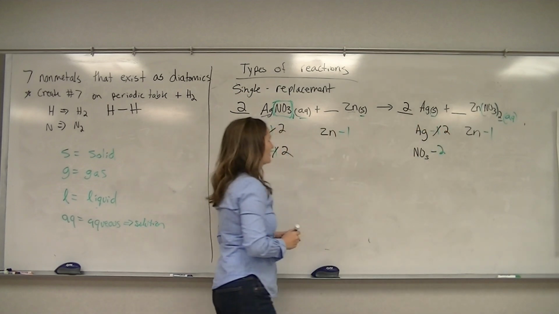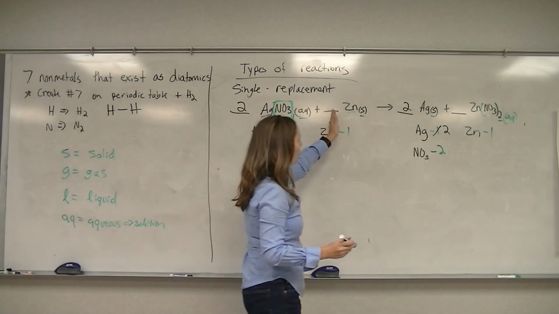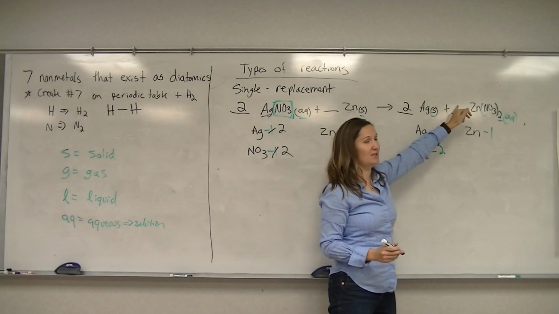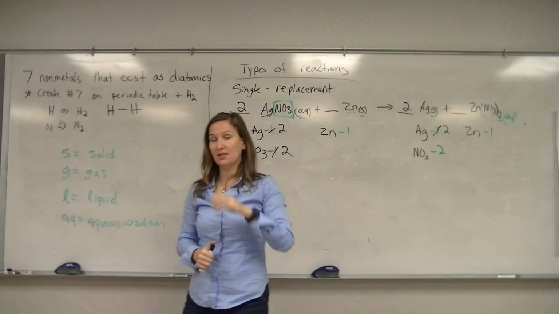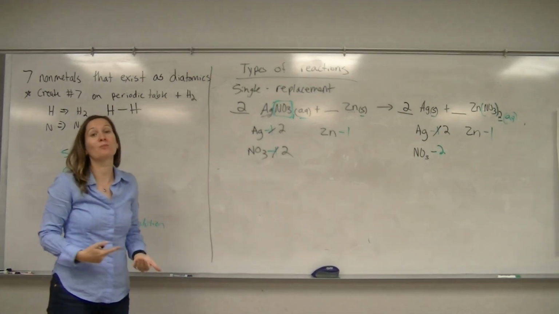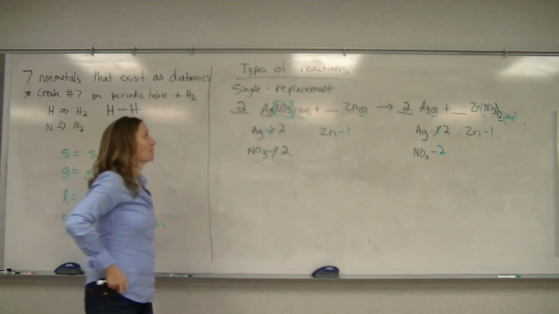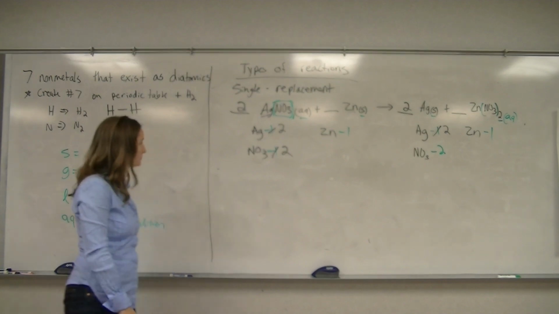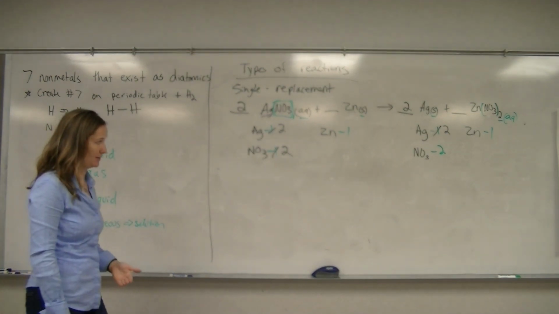So now it's balanced. It would be a 2 to 1 to 2 to 1. Now you don't have to put 1s in these empty spaces. You can leave them blank, because if there's no coefficient there, I assume that it's a 1. But you can put 1s there if you want. That's not incorrect either. Okay, so now this guy's balanced.